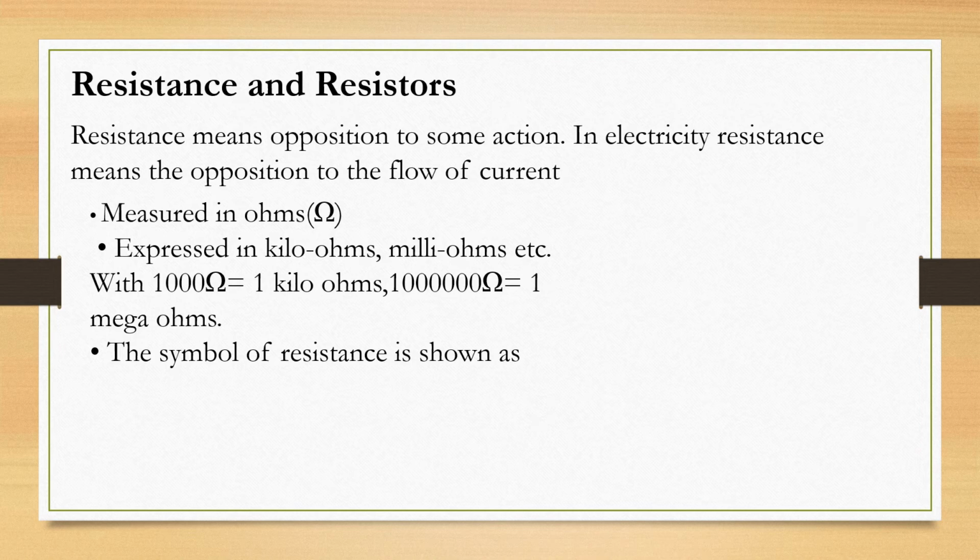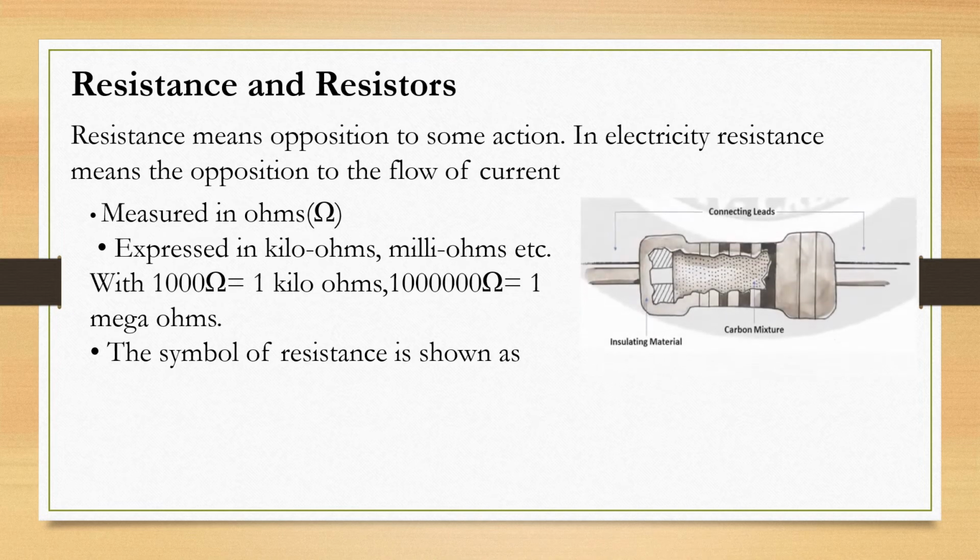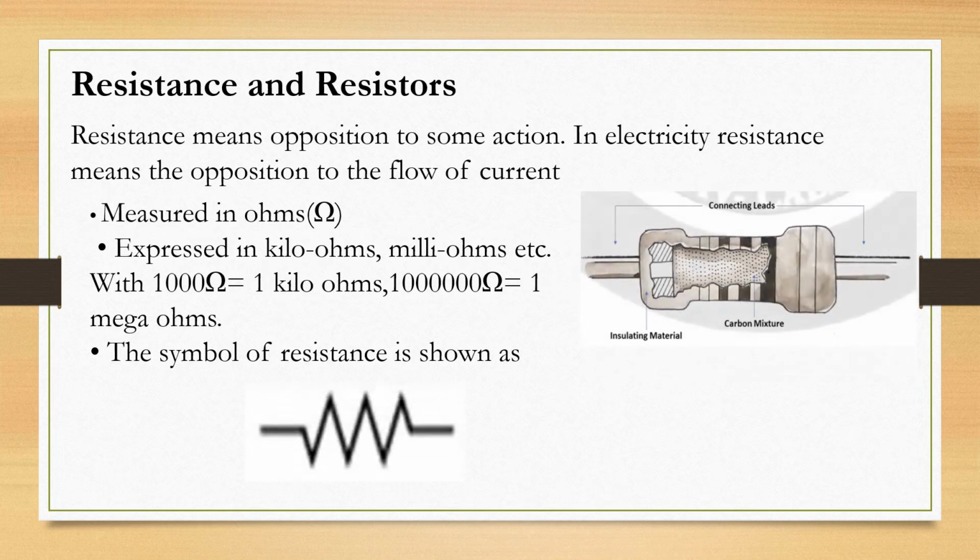The symbol of resistance is shown here. It looks like thunder or lightning. So, you express the gauge for ohms in kilo ohms and mega ohms. We use the same tester to measure the resistance of the resistors.